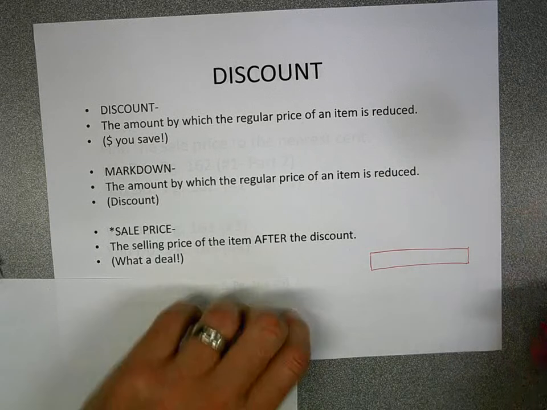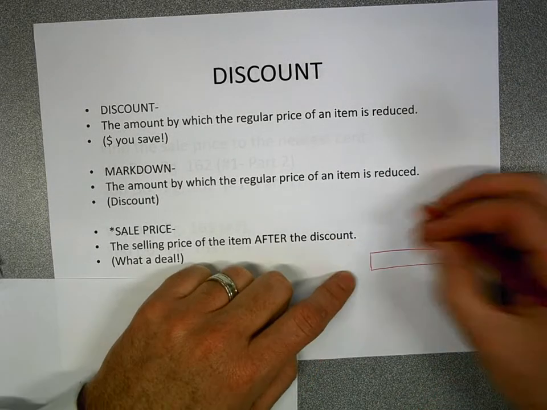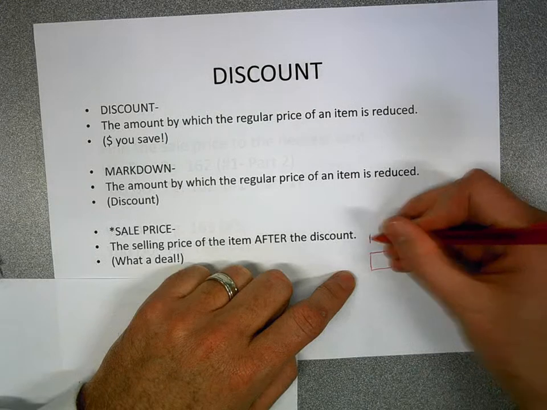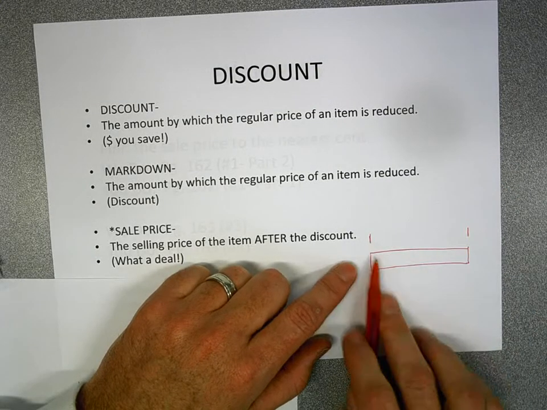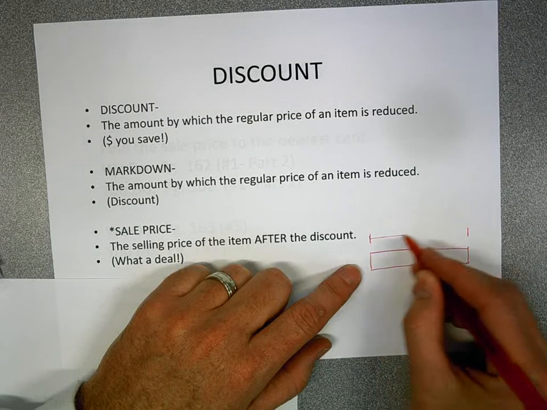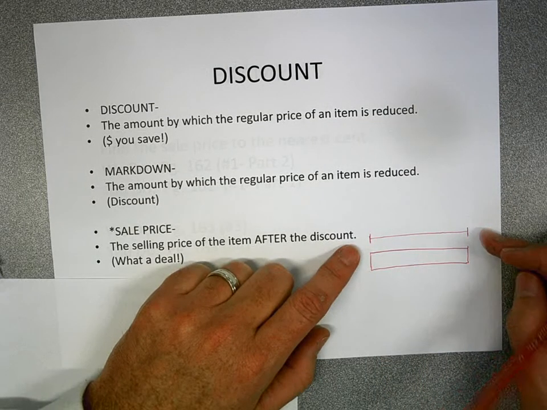So here's what I want you to do. I want you to go from the left side to the right side. Here's how we're going to show this. Go up above it and draw, it's kind of like a measurement from the left side all the way to the right side. The whole thing.